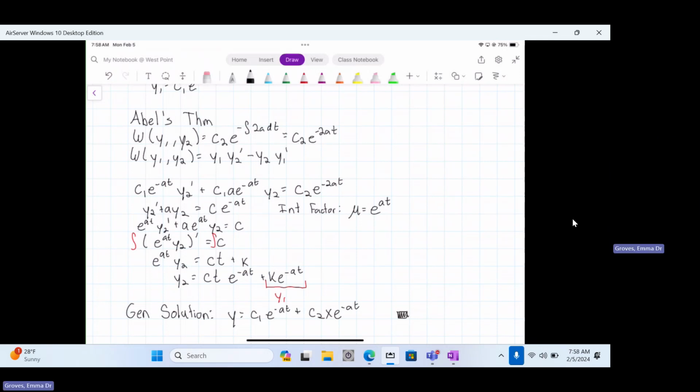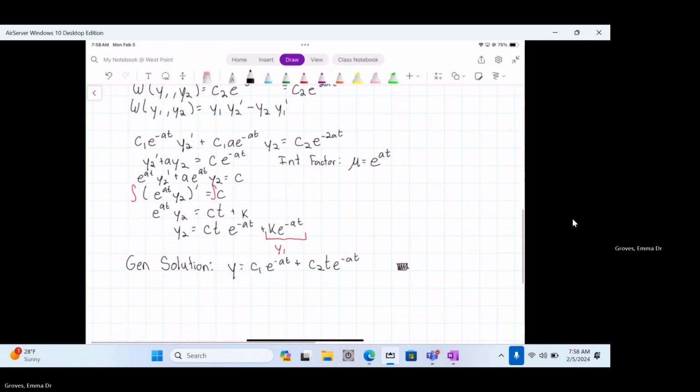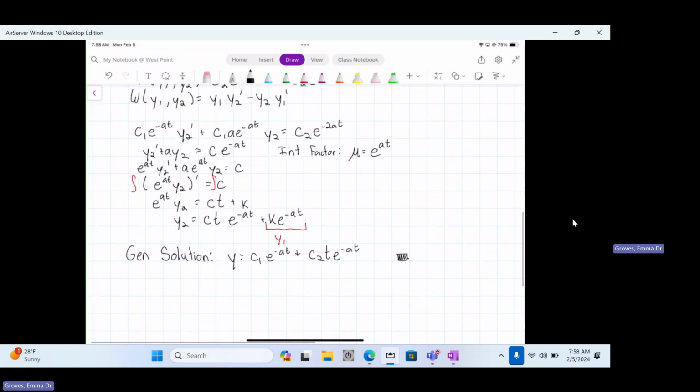Yes, Evan. Why do we use x? Because I shouldn't be. The last time I taught any type of differential equations, we were using x's.